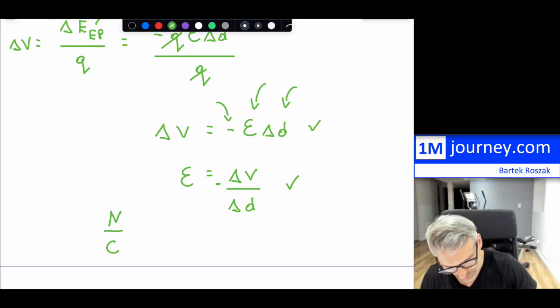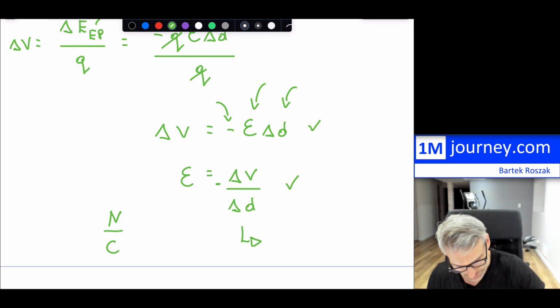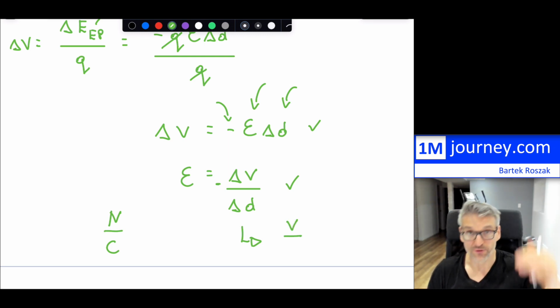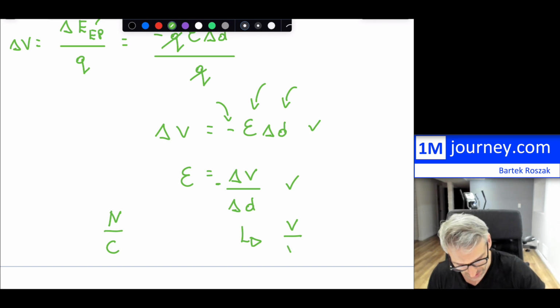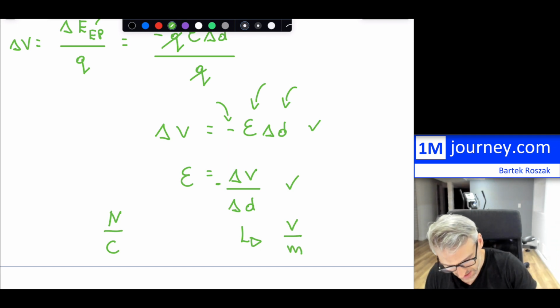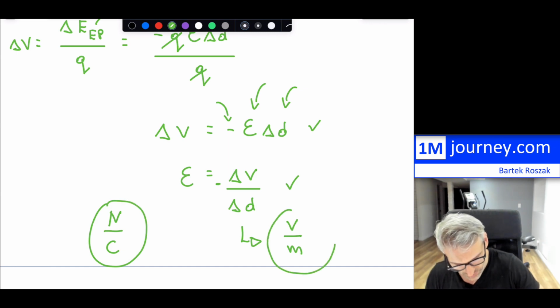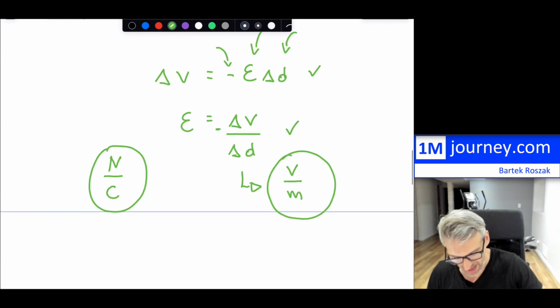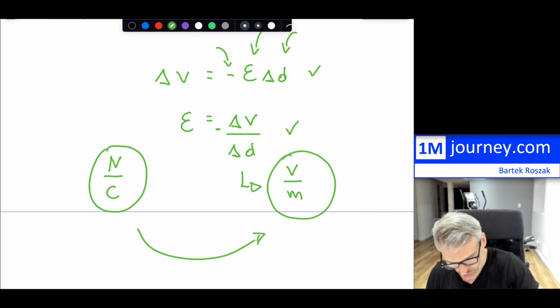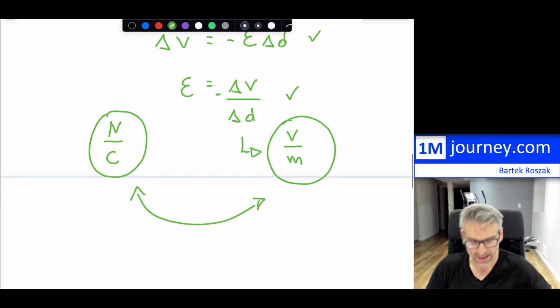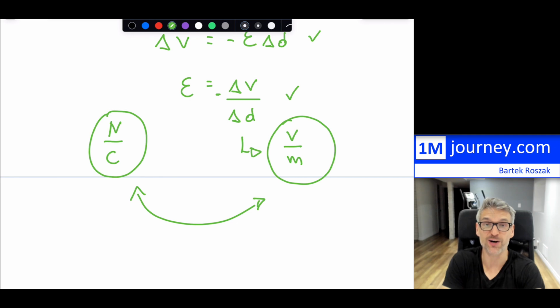Now you can see from this that the unit for voltage is volts, and the displacement would be in meters. So these two units, newtons per coulomb, are equivalent to volts per meter. That is something you should be aware of, because sometimes the electric field is written out as volts per meter, and sometimes as newtons per coulomb.